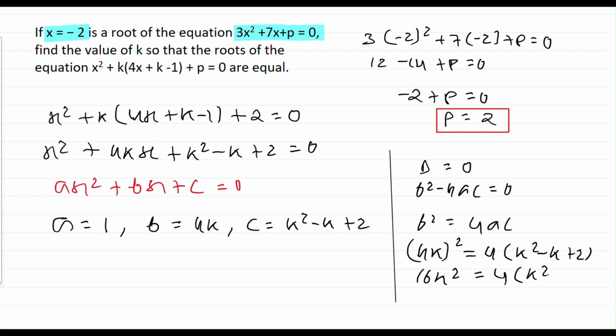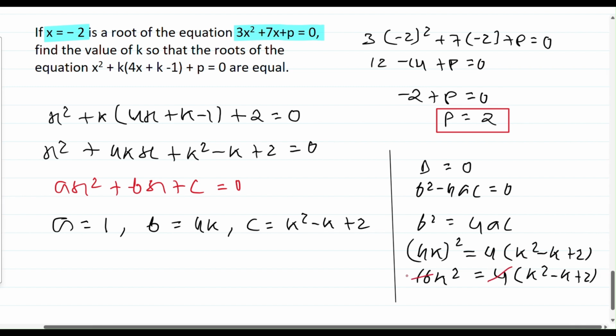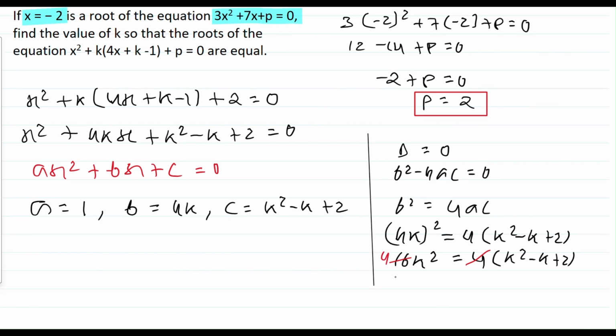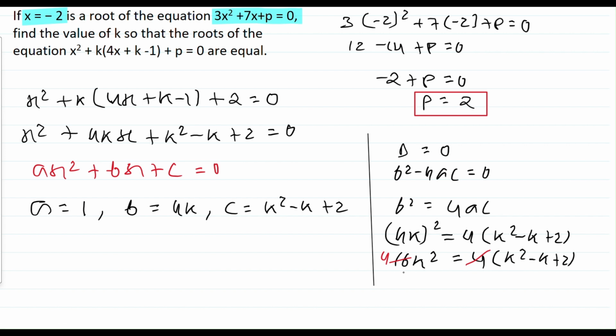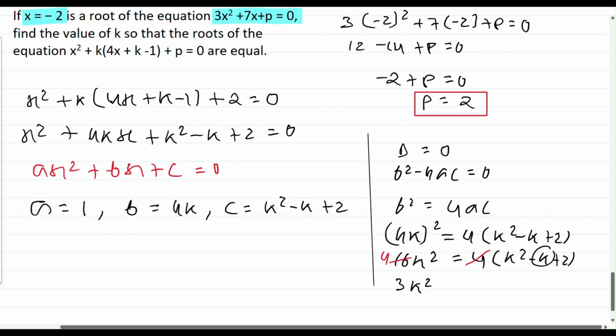Let this be outside: 4 times (k square minus k plus 2). Now from here I can cancel this 4 and this 16. On simplifying, this is 4 times k square and this is k square. So on the left hand side you will get 3 times k square. Transposing negative k to the left hand side, it is positive k, and transposing positive 2 to the left hand side, it is negative 2 equal to 0.